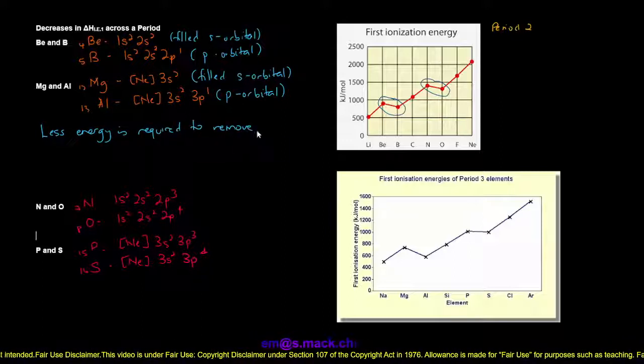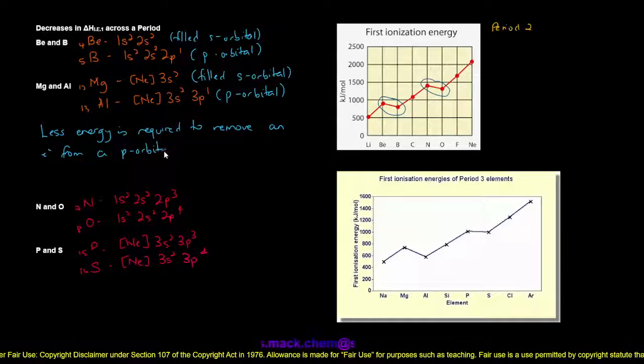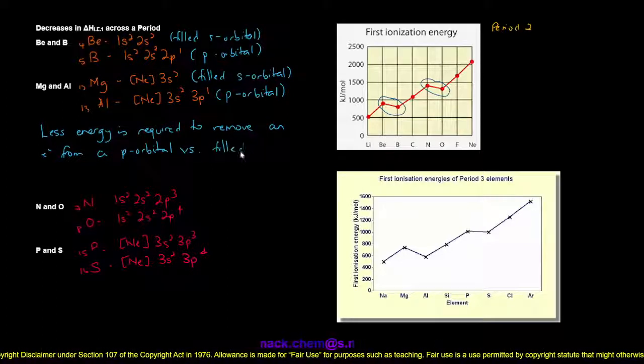to remove an electron from, I'm just going to use p orbital here, from a p orbital, right, versus a filled s orbital.